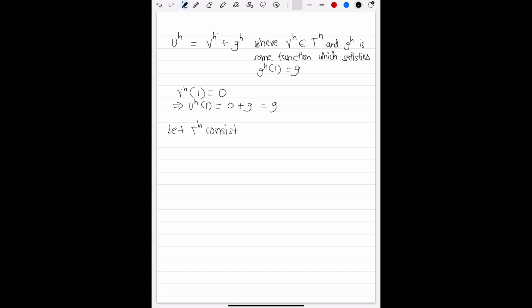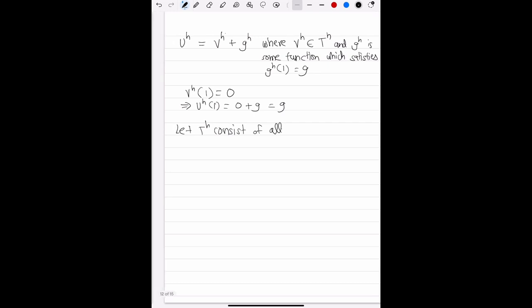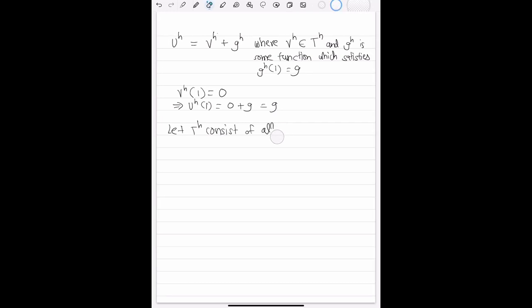So let Th consist of all possible linear combinations of some basis functions Na, for a equal to 1 all the way up to n. These functions Na are called basis functions and are linearly independent functions.